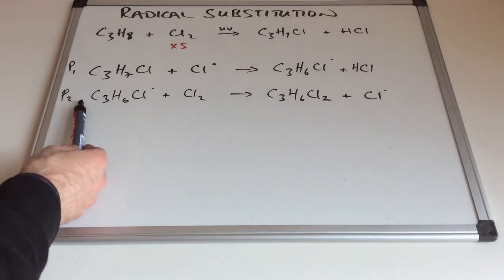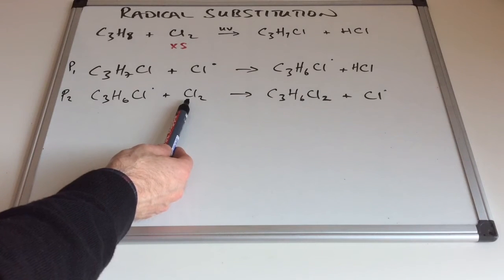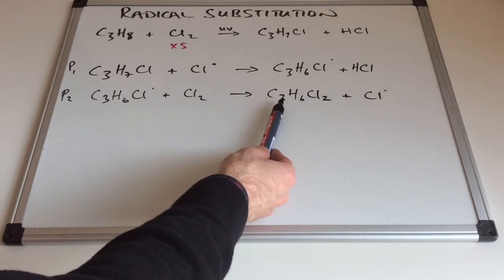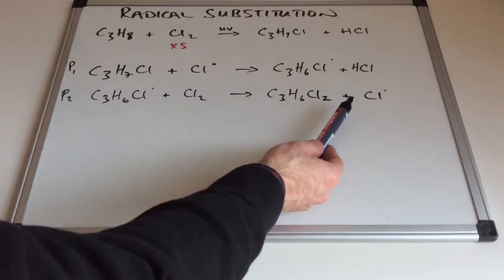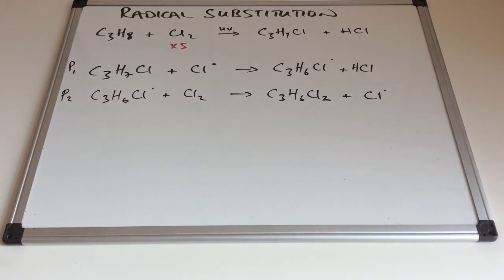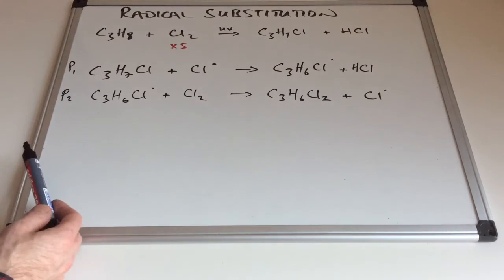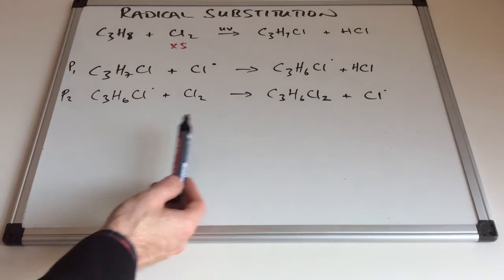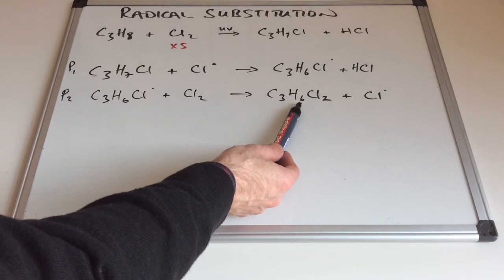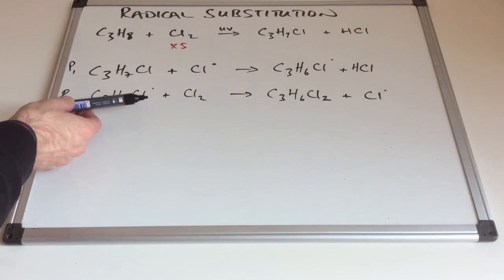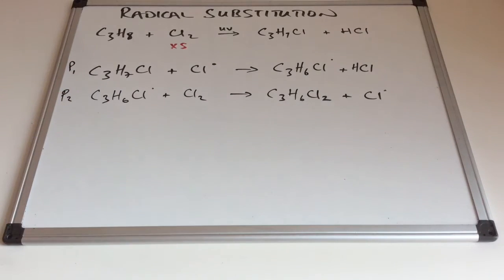Remember, these always occur in pairs. Can react with more chlorine and produce this dihalogenoalkane and another chlorine radical. And essentially that can continue, it's a sort of chain reaction, until all of these hydrogens have been stripped out. But each hydrogen comes out one at a time in this pair of steps.